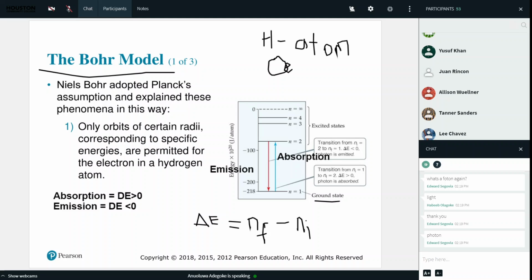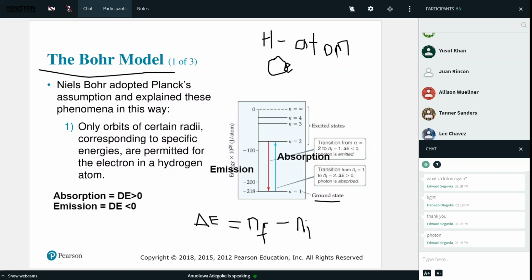Okay, so whenever you absorb light, you absorb energy, and you go from the ground state to the excited state, it's called absorption. So when you go from a lower level to a higher level, it's absorption. When you come back down from a higher level to a lower level, it's called emission.